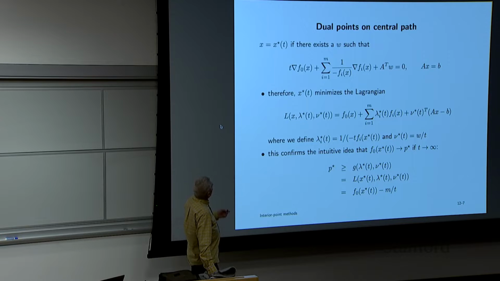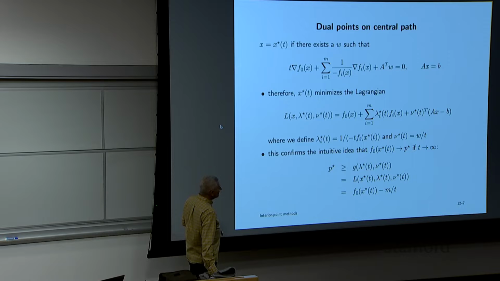And I see that, hey, look at that. x star of t satisfies the gradient of f0 plus a sum of positive numbers times the gradients of fi plus A transpose nu is 0. And then you think about that, and you say, oh my God, that means that this thing actually minimizes the Lagrangian, but for these specific choices, right? So nu is w over t, and the lambda i's are 1 over t times the margins. Make sense?